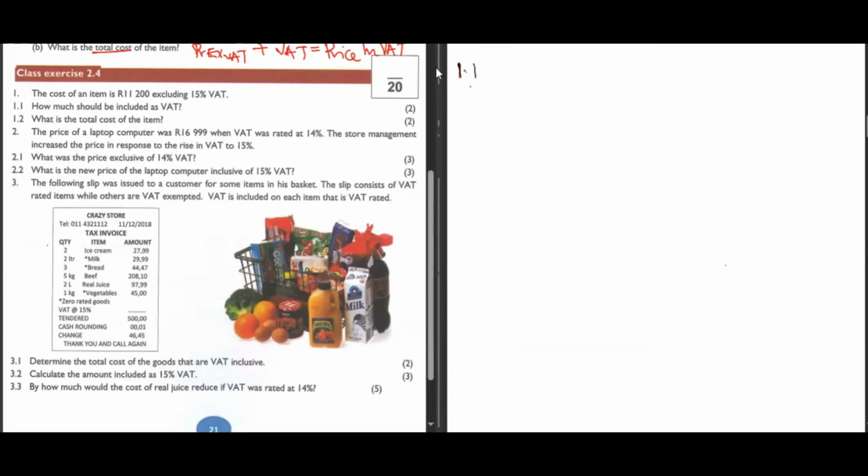Remember the price excludes VAT. So this is straightforward, we shall say 15 over 100 times 11,200, and the answer will become 1,680 rands. This is the value of VAT.